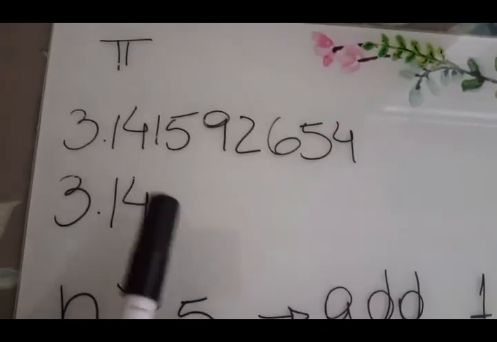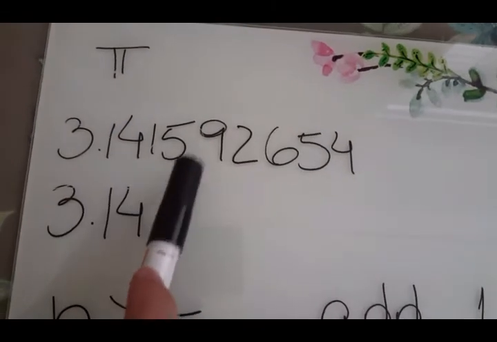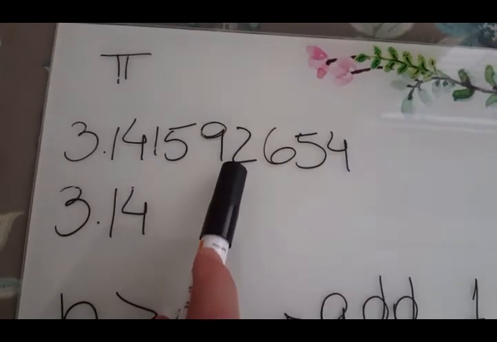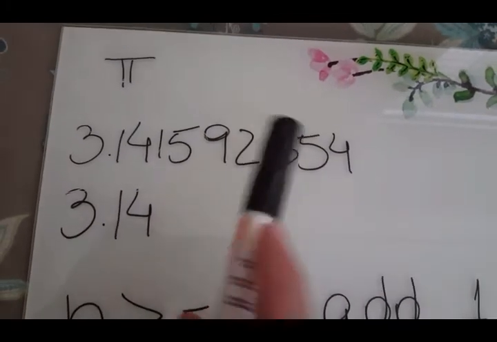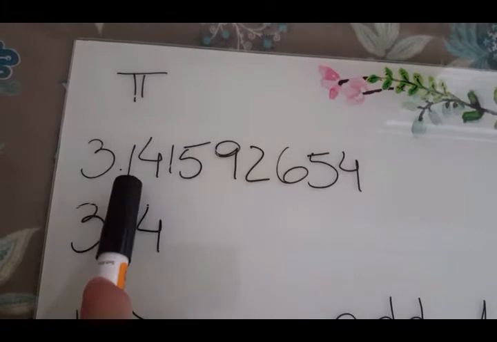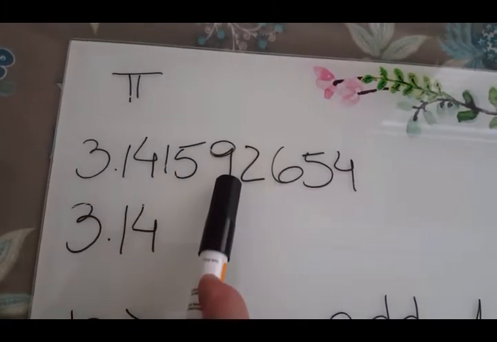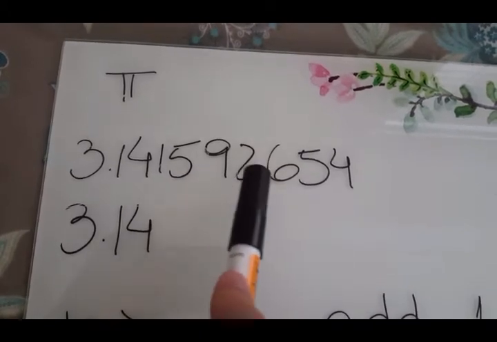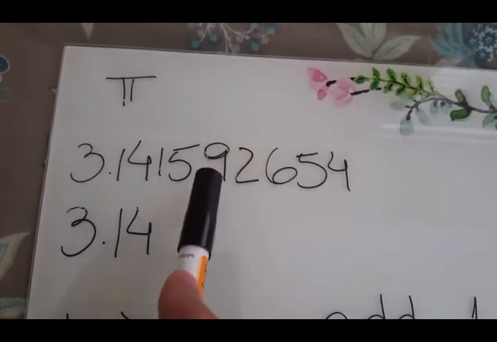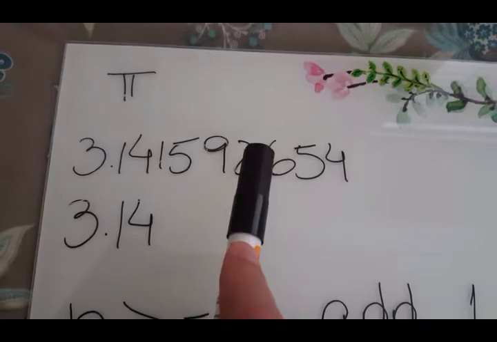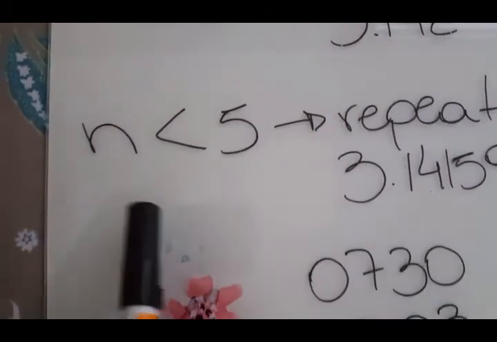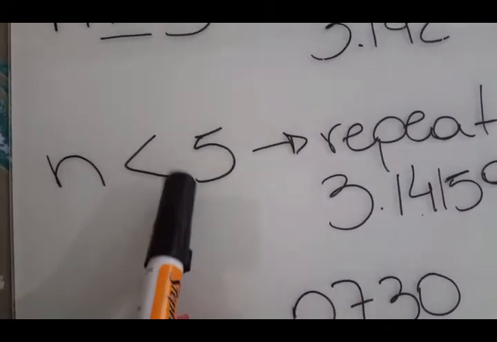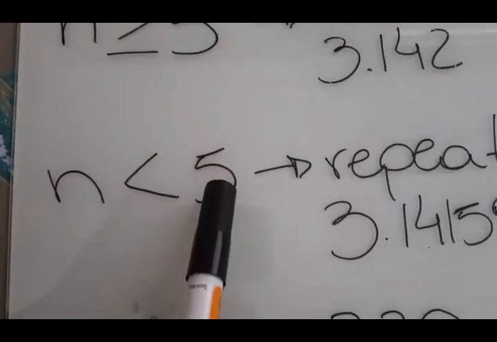If I want to round this number to 5 decimal places, I will start counting 1, 2, 3, 4, 5. This is my last number. And I'll take the next number to know if I need to change this one. My next number is 2. 2 is smaller than 5.